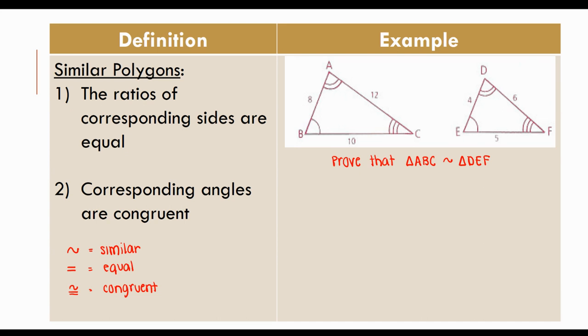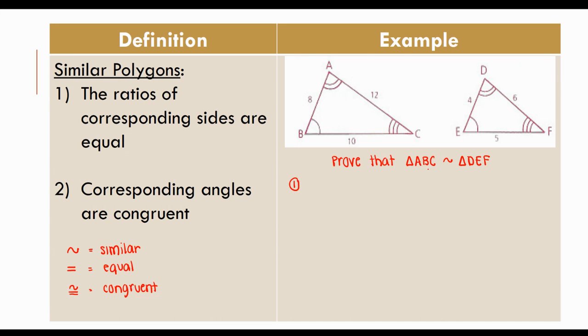Okay, so we're going to prove that those 2 triangles are similar. Looking at the characteristics, it has to deal with the sides and the angles. So the first thing deals with the sides. Ratios of corresponding sides are equal. That means that if I'm looking at the 2 triangles that I want to prove similar, the order of the letters matter, just like it did when we were talking about congruent.